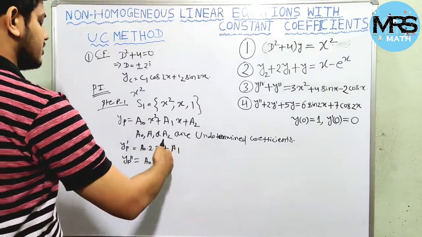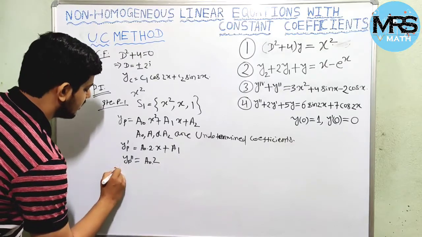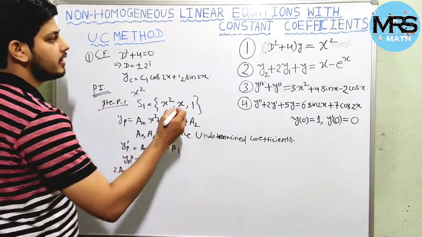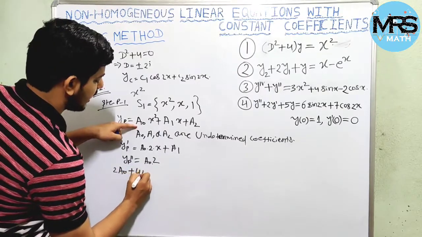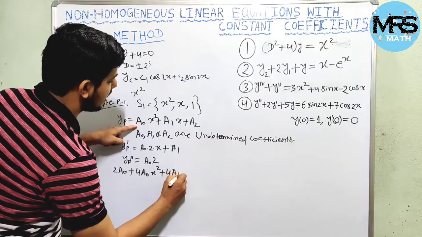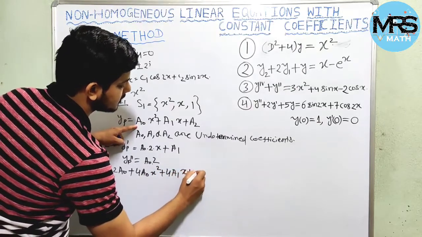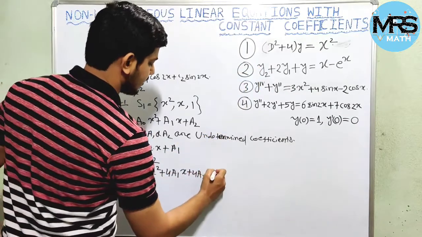If we put this in the main equation, what we will get is 2a0 plus 4 into (a0 x square plus a1 x plus a2), that is 4a0 x square plus 4a1 x plus 4a2, which is equal to x square.